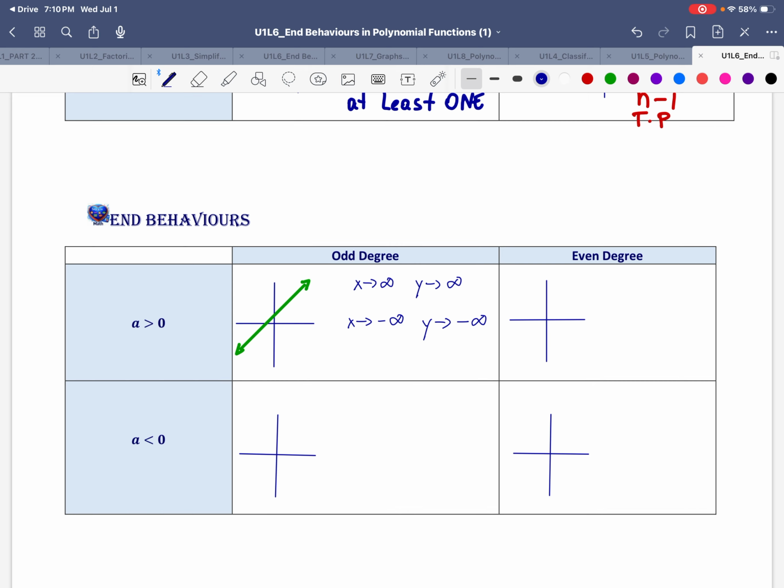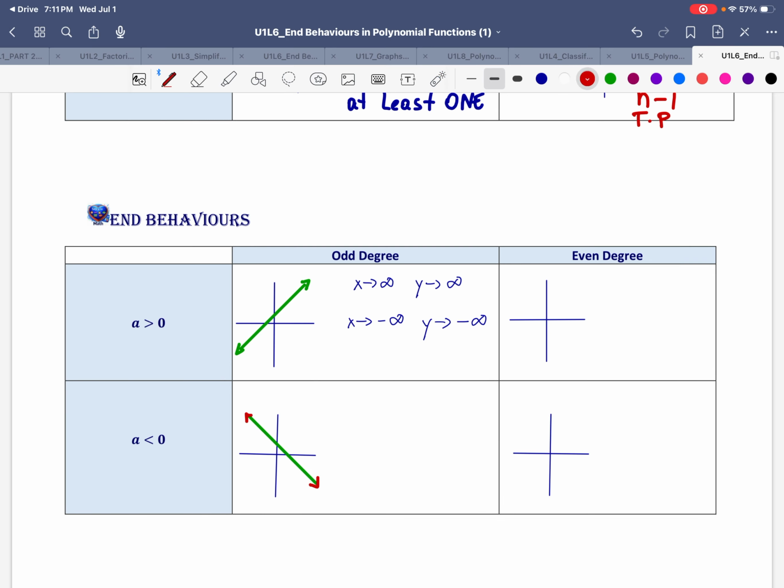Now, if a happens to be a negative number, then we're going to say that for all odd degree functions, doesn't matter if the degree is 3, 5, 7, the end behavior will be the same as that of the line with a negative slope, and that is when a is negative.